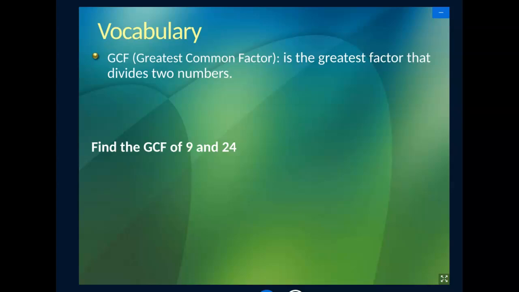To start, it says find the GCF of 9 and 24. What large number divides both into 9 and 24? It's not really that large. Yeah, thanks. 3. So the GCF of 9 and 24 was 3.